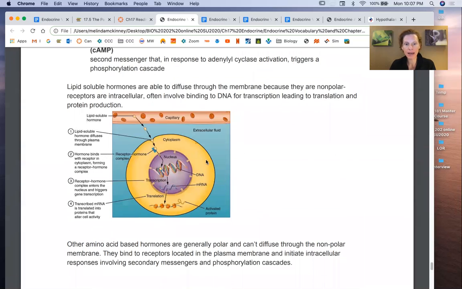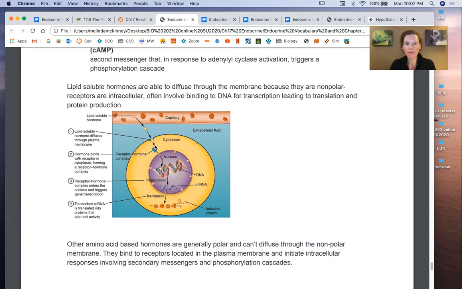Okay, and then these images here, just from the book, the one on the top, or this one, shows that you have a lipid soluble hormone. So that's just going to go straight out of the bloodstream, diffuse through this extracellular fluid, straight through the plasma membrane, and then into the cytosol.